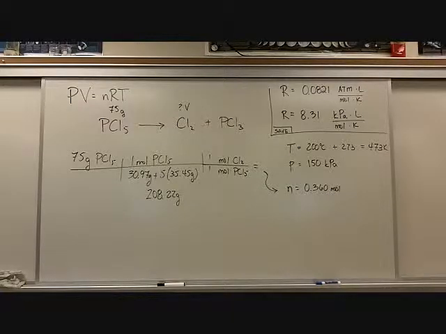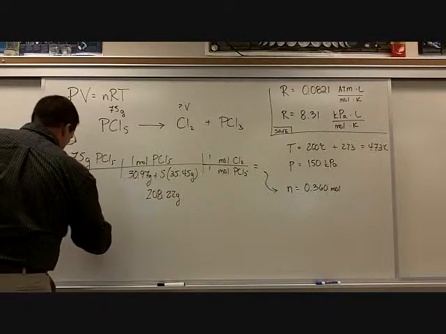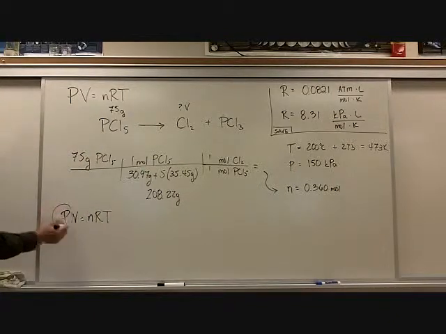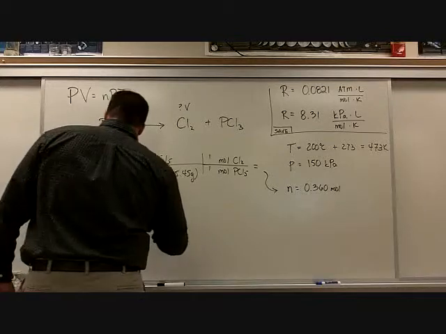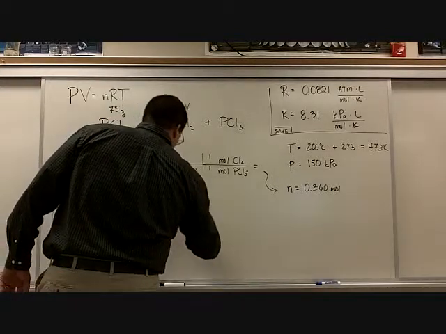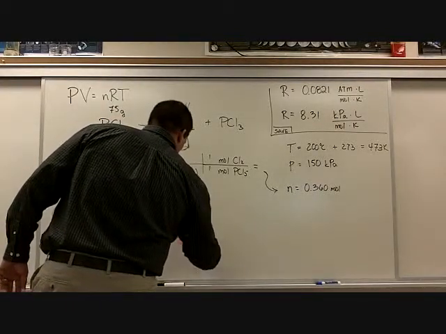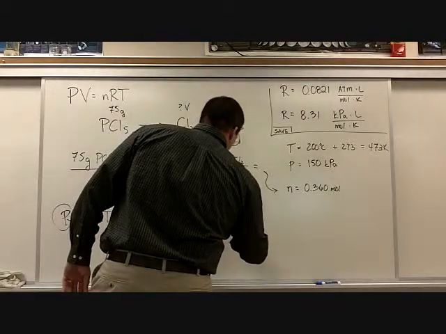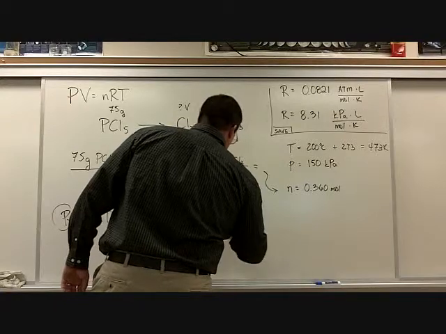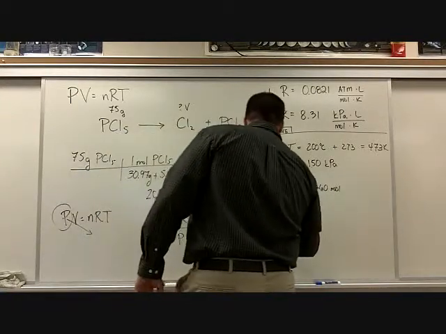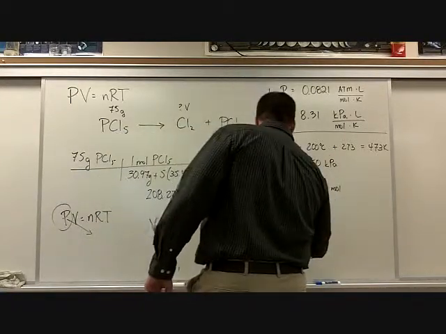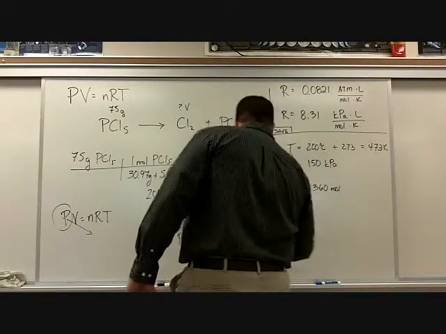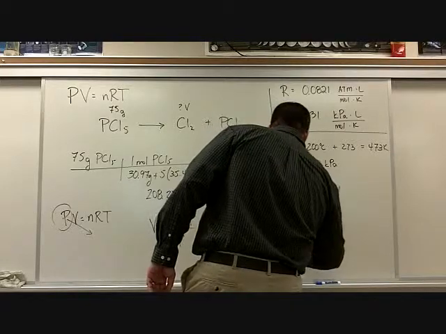Okay. And so we're looking for the volume. So divide by pressure on both sides. So V is equal to nRT over P. And then plug them in. Which R should we use? Good, because we have kilopascals again. So kPa liters over mole Kelvin.